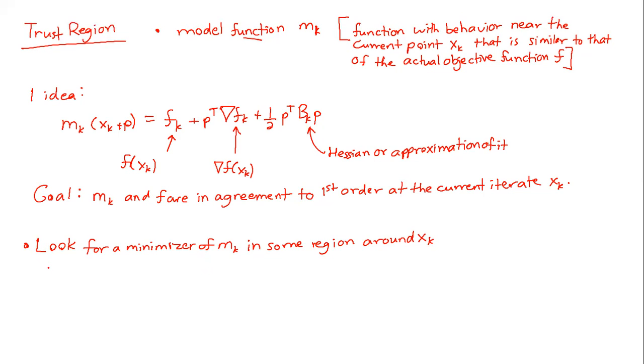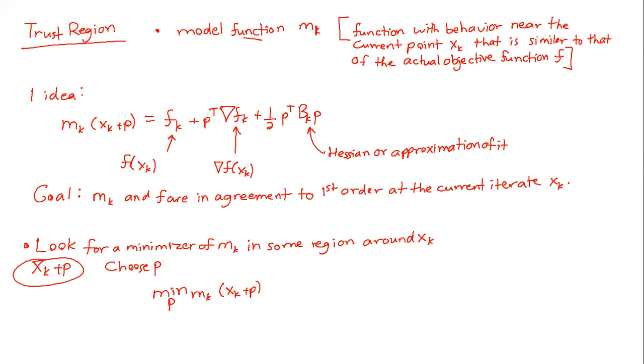So here it's going to be, again, how to get this p. You want to find a new point, but here instead of choosing the alpha, we want to choose p. So we're going to choose our search direction by doing something along the lines of minimize over p of mk of xk plus p.